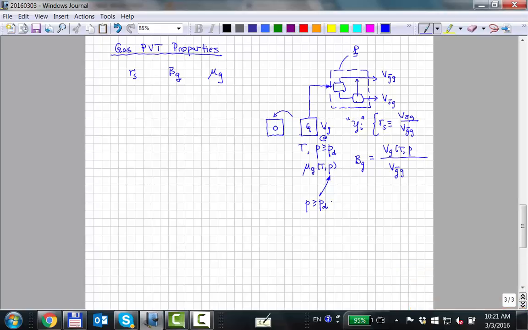If we went to a pressure below the dew point, what would happen? It wouldn't be a gas. It would be a gas and an oil. And you can't really measure the viscosity of the gas and the oil together. So we're going to restrict our viscosity to pressures that are greater than or equal to the dew point. And what is the dew point of the gas? Well, it's the pressure where it used to be together with the oil.